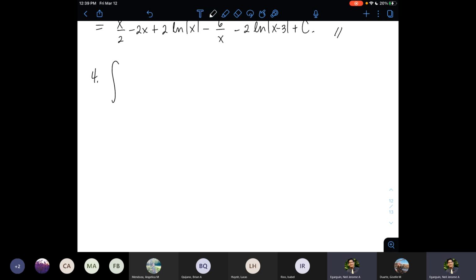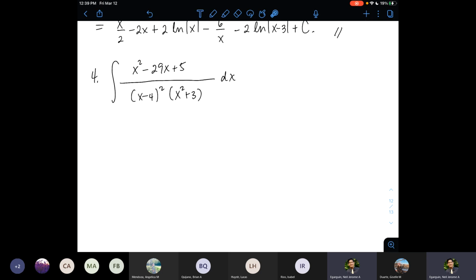Let's try the integral of x squared minus 29x plus 5 over x minus 4 squared times x squared plus 3 dx. Okay. Now let's check the degrees. The numerator is degree 2, that's the highest exponent in the numerator.